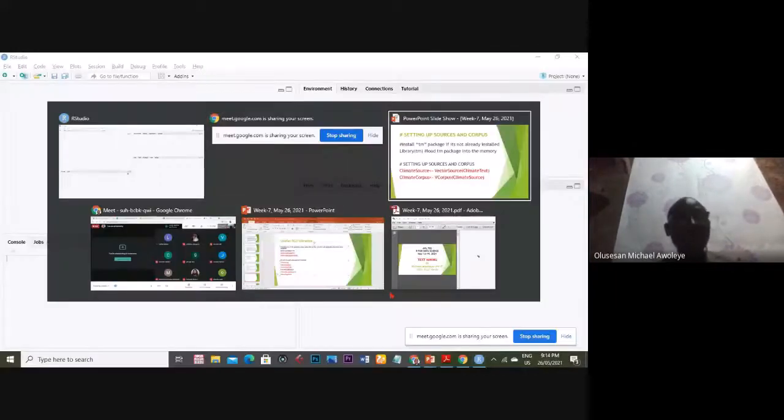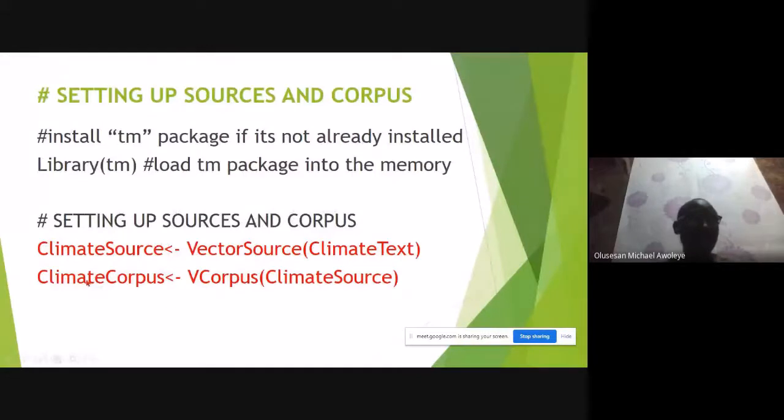After that, the next step is to create a corpus. I like to use a name that is related to it, so climate corpus. Then you use the word VCorpus, which is also an internal function of TM. You will do VCorpus of the source.